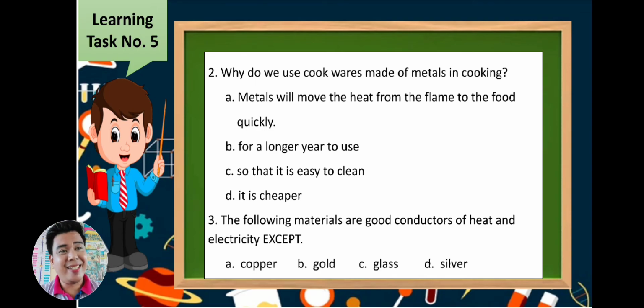Our answer is metals will move the heat from flame to food quickly. Number 3. The following materials are good conductors of heat and electricity except A. Copper, B. Gold, C. Glass, D. Silver. Our answer for this question? Glass. You got it correct.